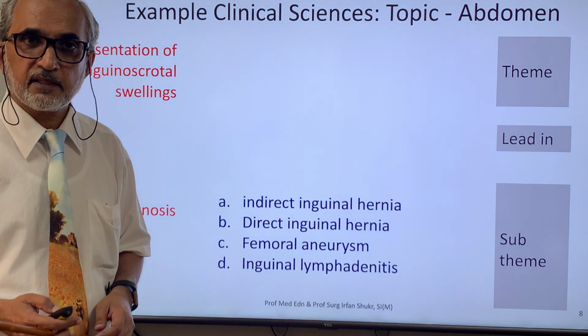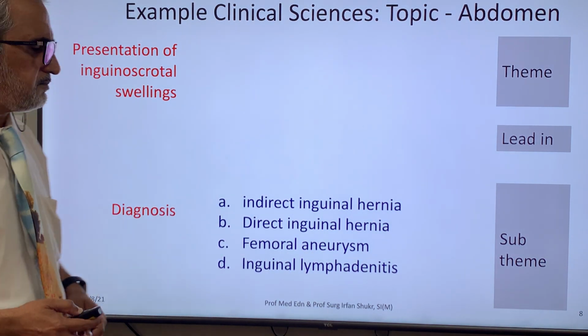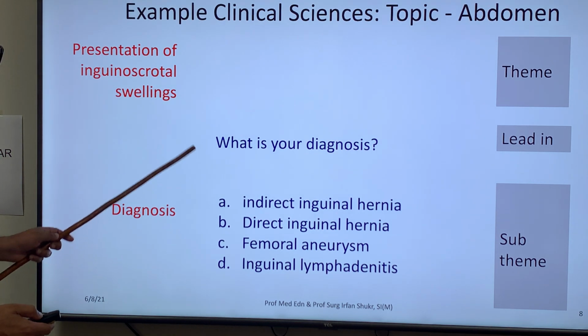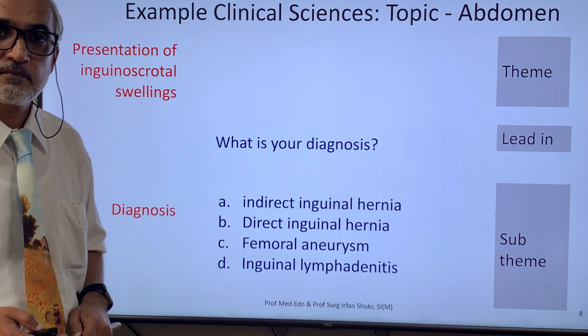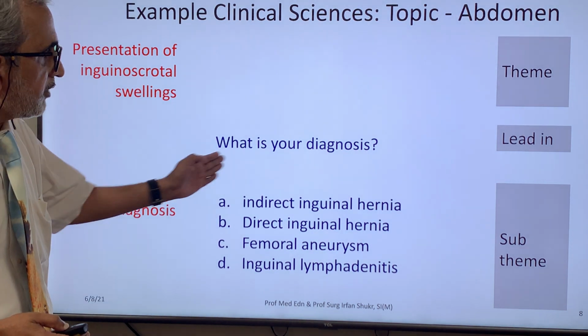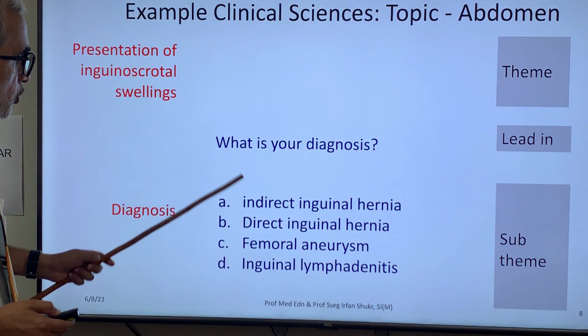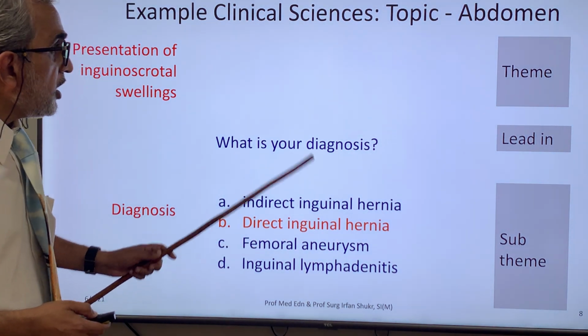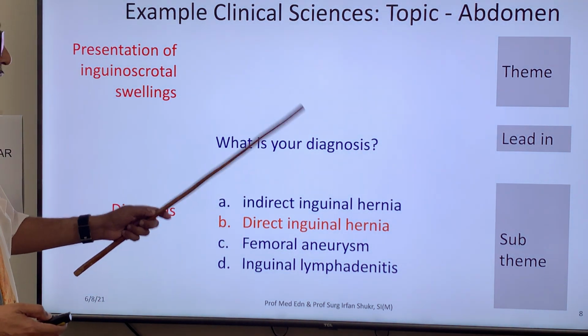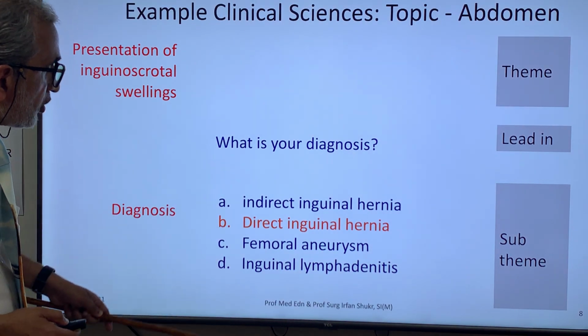Once I've done that, I choose any one of them. Because the answer you have to give is, what is your diagnosis? So once you have written this question statement, choose any one of them, and I have chosen direct inguinal hernia. Now the statement should be written which only fits into this and not the rest.